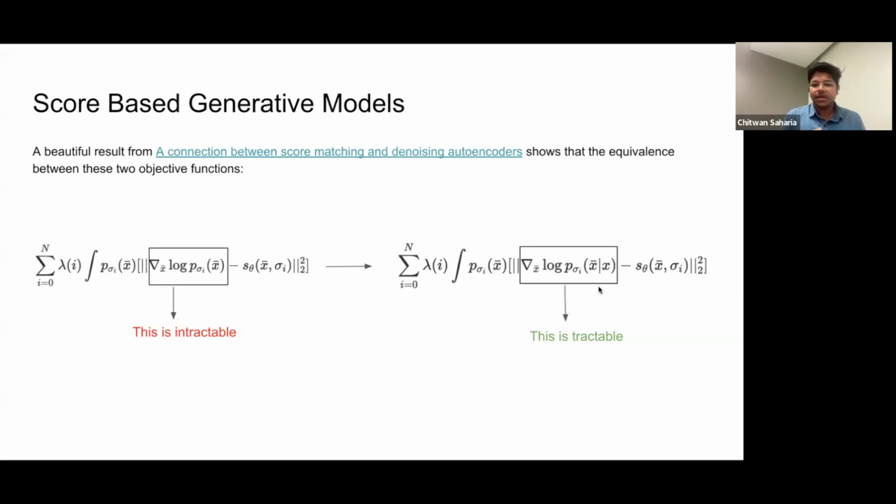And the interesting thing is that the first quantity is intractable while the second quantity is fully tractable. I'll show you how we can exactly compute this score.